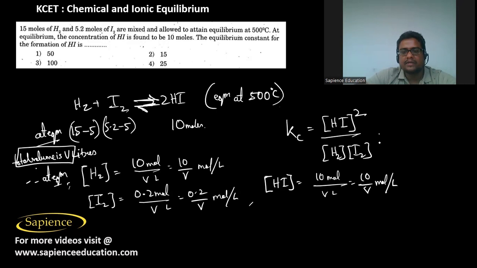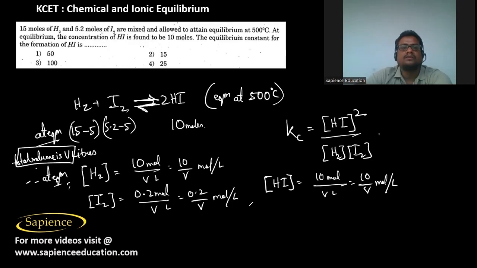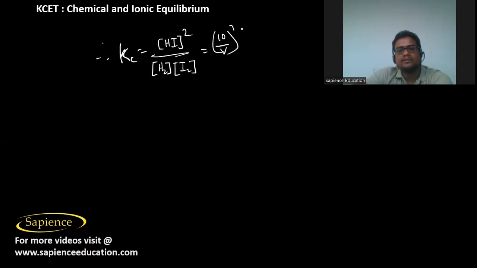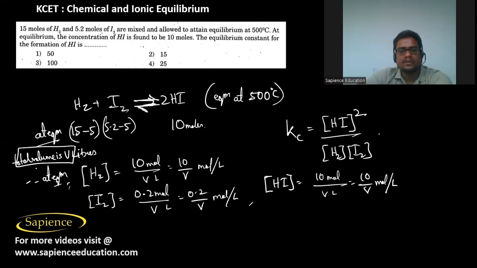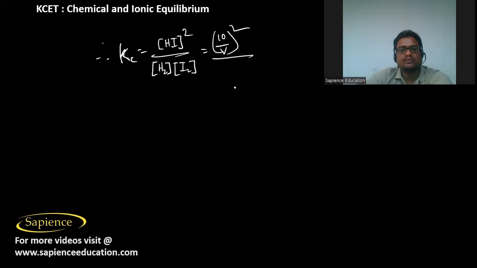So therefore, the value of Kc, the equilibrium constant for the formation of HI, will be equal to the molar concentration of HI whole square divided by the molar concentration of H2 at equilibrium into the molar concentration of I2 at equilibrium. So this is equal to 10 by V whole square divided by 10 by V into 0.2 by V.